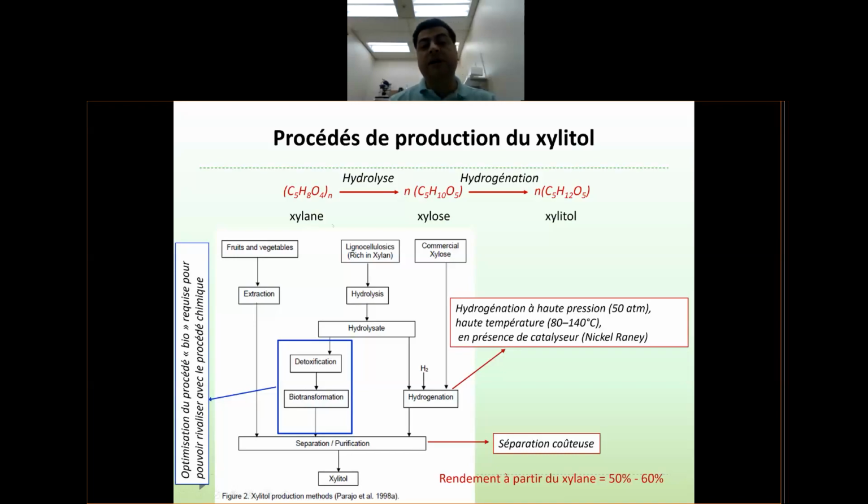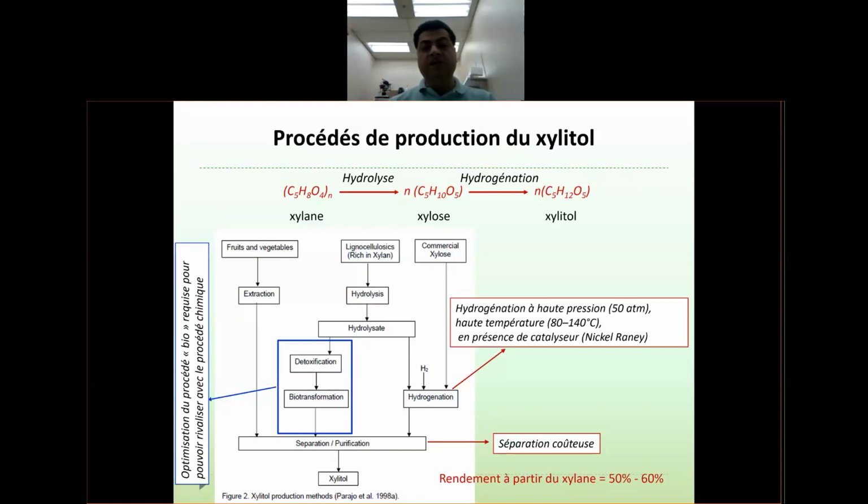Xylene of biomass, you know. So talking about biomass, you can apply hydrolysis and make xylose from biomass, and then by hydrogenation, you can make xylitol from xylose. It is just a chemical reaction, but there are some issues in there.